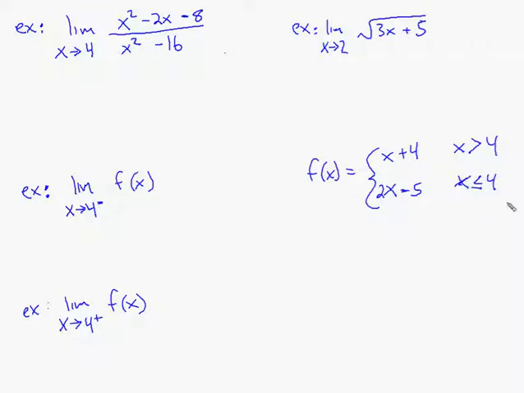Okay. All right. So for the first one, what do you think we should do? Factor. Yes. Why can't I just put this 4 in? Because it'll be 0 and done. Yep. So we're going to factor.